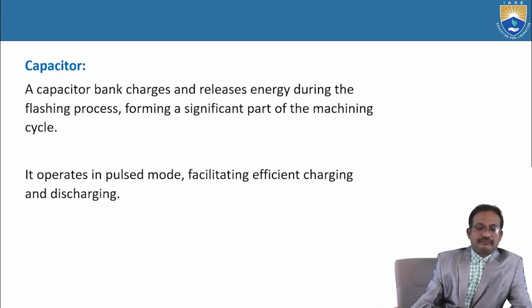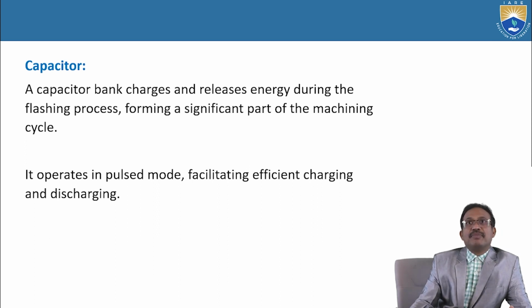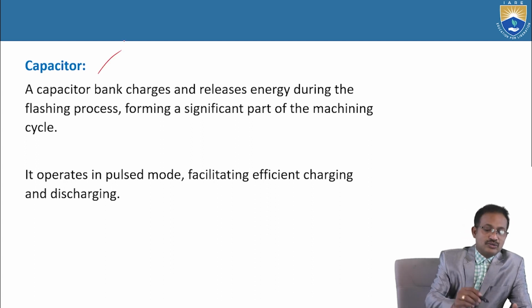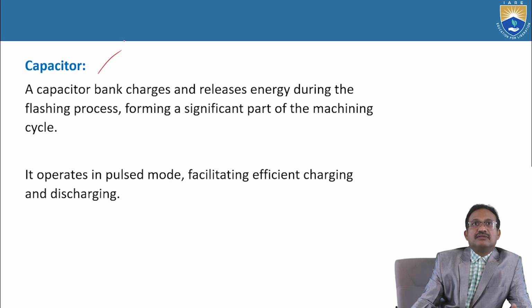Capacitor. A capacitor bank charges and releases energy during the flashing process, forming a significant part of the machining cycle. So the capacitor charges and releases the energy during the flashing process.